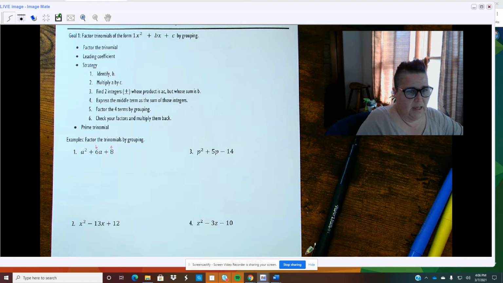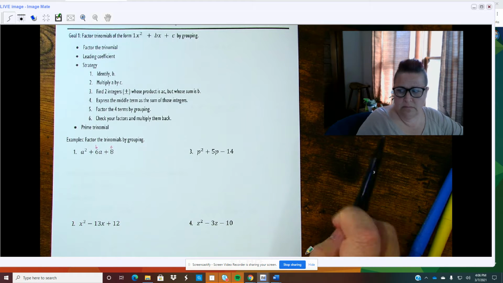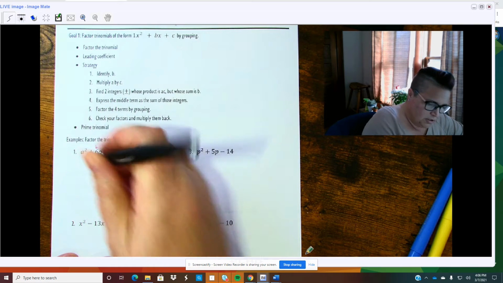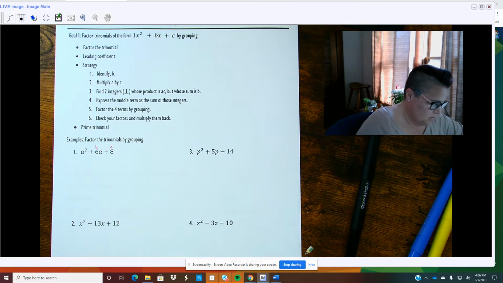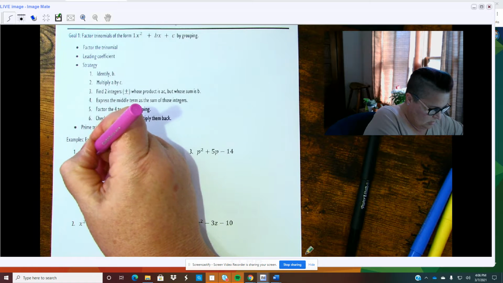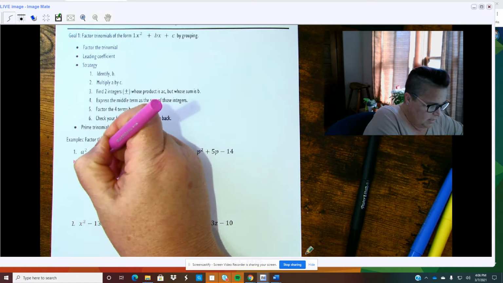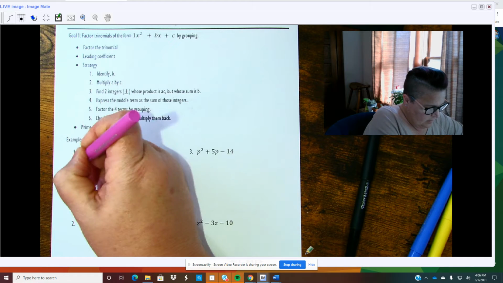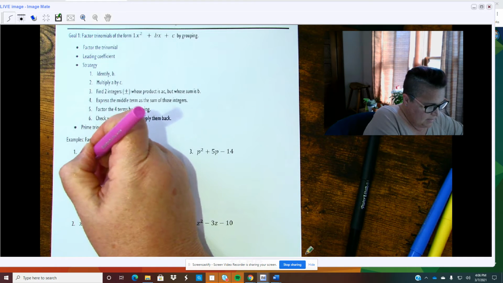We want to find two numbers that multiply to give 8, but they add to give 6.